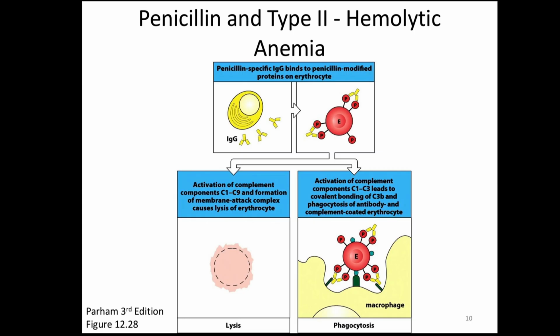And so again, our patient is going to end up with anemia, not enough red blood cells, and that's going to be a problem for this patient. This, of course, obviously does not happen in every person who gets penicillin treated, and why exactly it happens in some people and not others is not particularly certain.